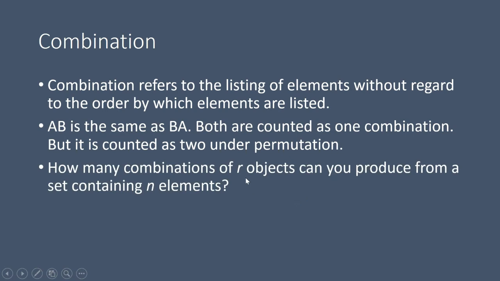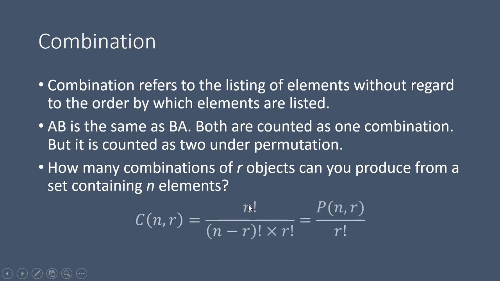How many combinations of R objects can you produce from a set containing n elements? It's equal to this. You read this as n combination R. It's equal to n factorial divided by n minus R factorial times R factorial. And it is equal to n permutation R divided by R factorial, where n permutation R is n factorial divided by n minus R factorial.